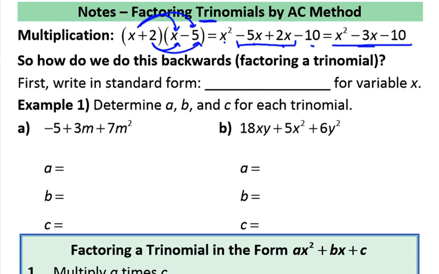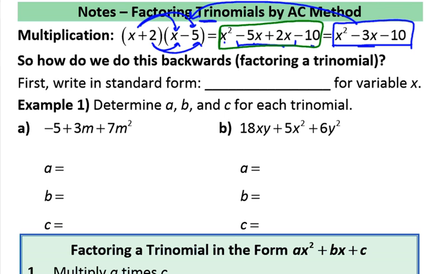With multiplying, my end result was this trinomial that has 3 terms. Now with factoring, we take this trinomial and want to know what it looks like factored, which means going back to x plus 2 times x minus 5. We're going to go through the steps for doing that. Notice here we have a middle step.